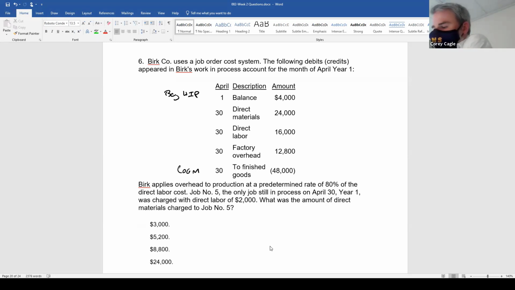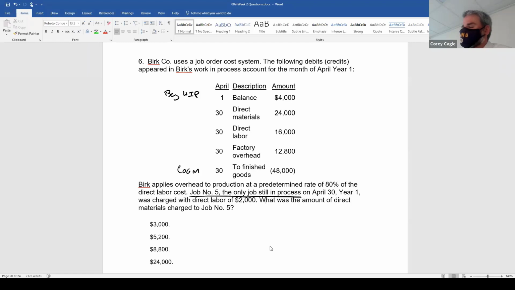BEC applies overhead to production at a predetermined rate of 80% of the labor cost. In other words, 80 cents for every direct labor dollar. Job number 5 is the only job still in process. All right. In other words, whatever your ending inventory balance is, that is job number 5 because it's the only job in process.